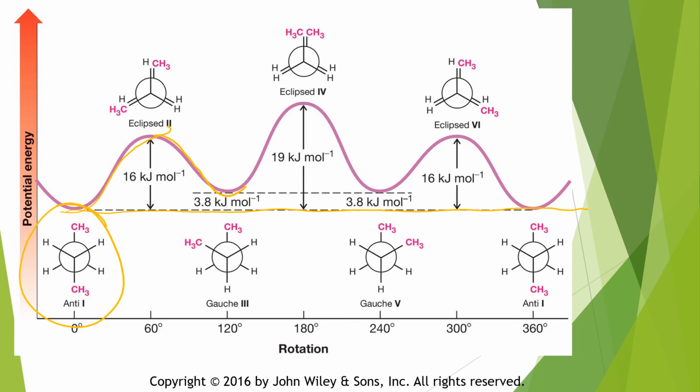Notice that the gauche is still lower than the eclipsed, but it's higher energy than the anti conformer. And then it goes back up to the super eclipsed conformer, back down to a gauche, back up to the slightly better eclipsed conformer, and then finally back down to the anti-staggered conformer.